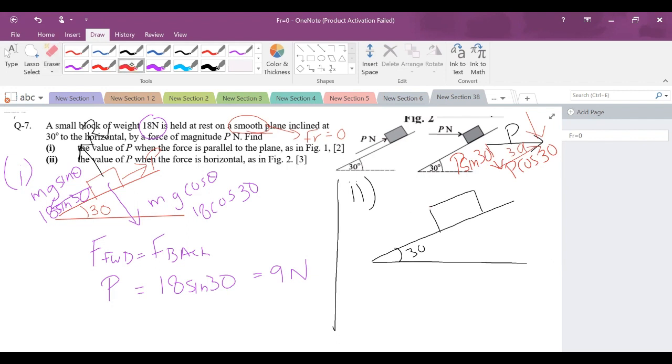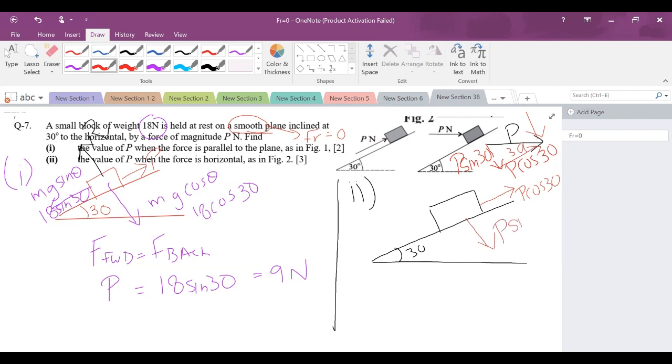P cos 30 is pointing up the slope. So I'm going to draw it here. So this is P cos 30, and downwards is P sine 30, which I'm going to plot here.